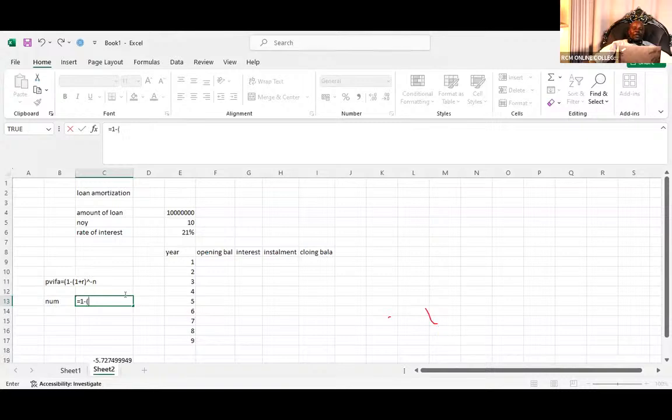So 1 plus R. You see the rate of interest is up there, 21%. So plus, pick that 21%. You're a very good student. Pick it, close brackets there. Now raise, you have to say shift 6.